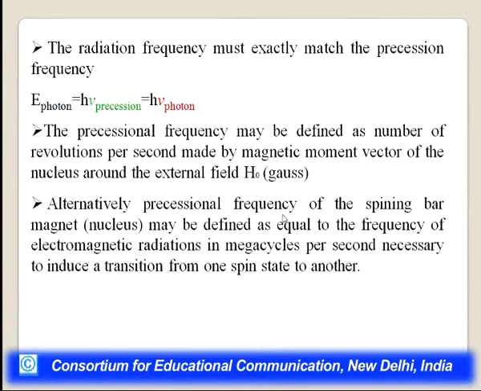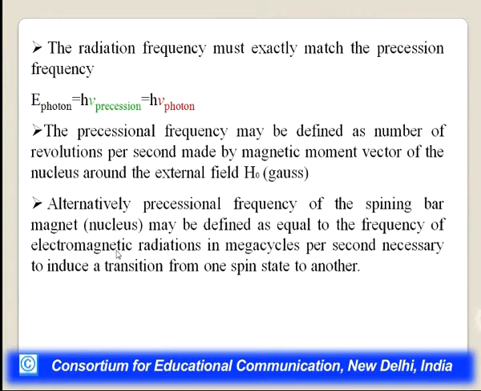Alternatively, the precessional frequency of the spinning bar magnet, that is the nucleus, may be defined as equal to the frequency of electromagnetic radiation in megacycles per second necessary to induce a transition. We have already stated that if we fall an electromagnetic radiation on a particular compound, there is some kind of change.